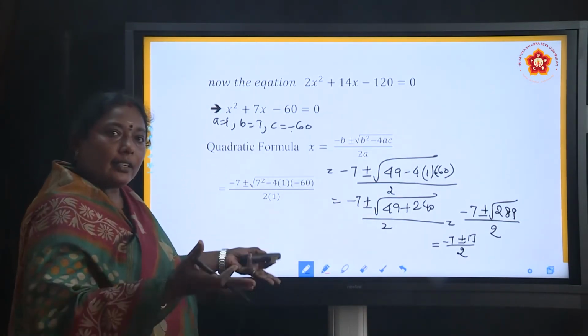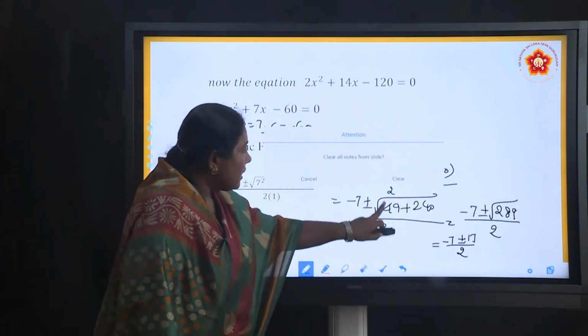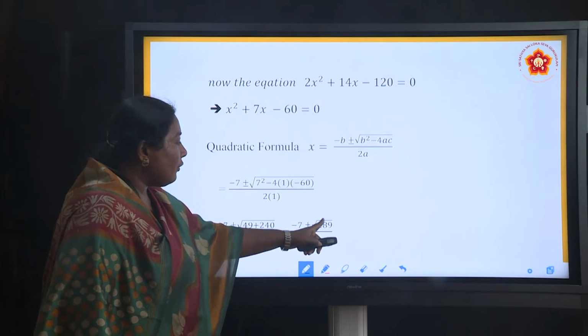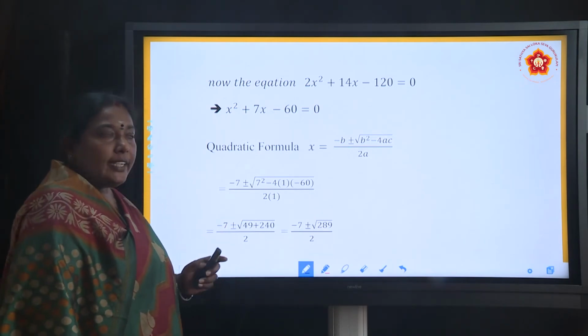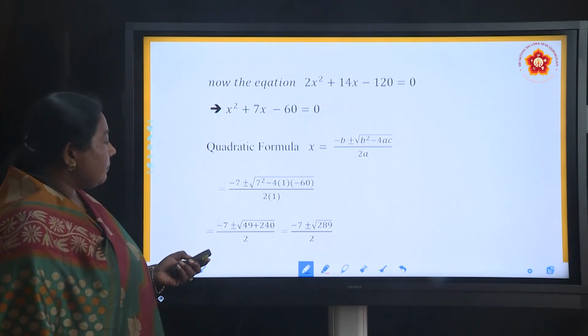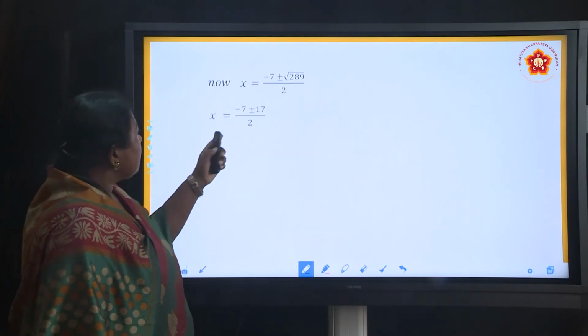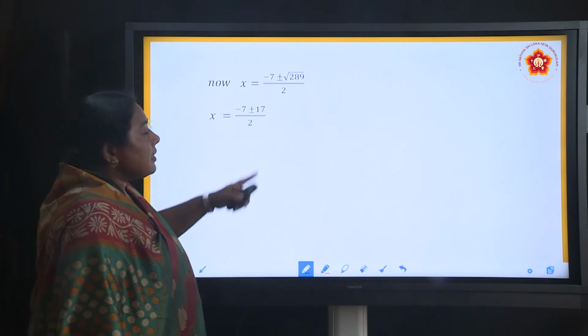Separate it and write it and get the answer. So the next part is minus 7 plus or minus root of 289 by 2. 289 is 17 into 17. Minus 7 plus or minus 17 by 2.